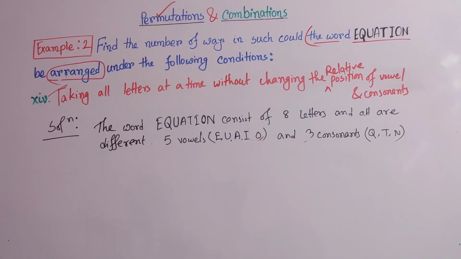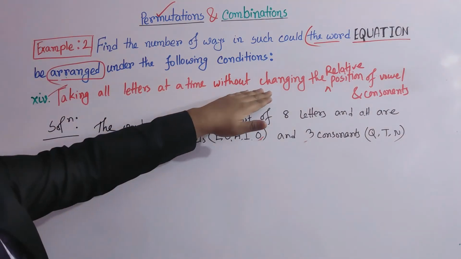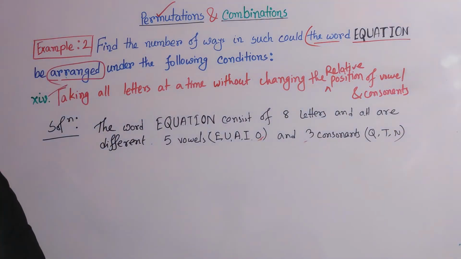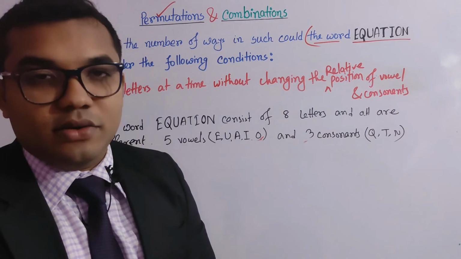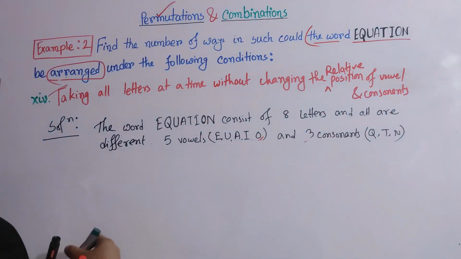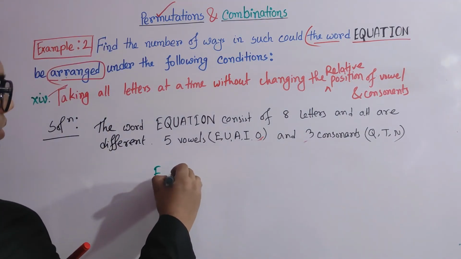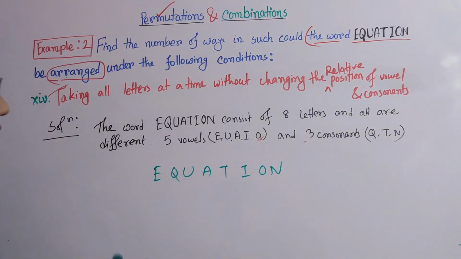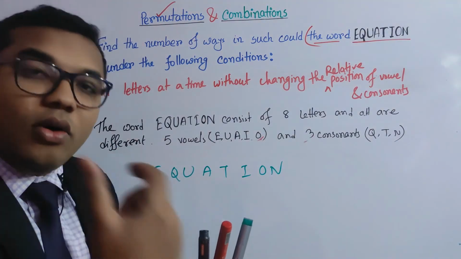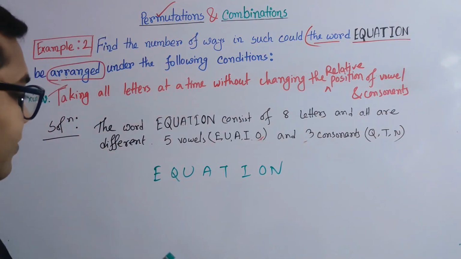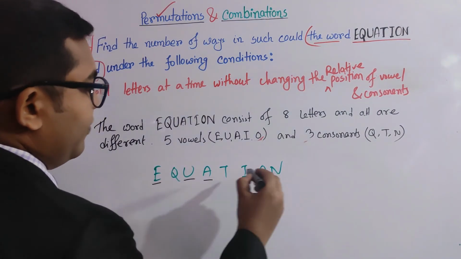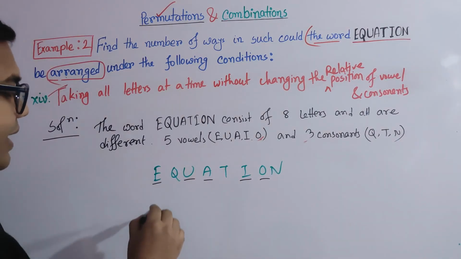Question number 14 says taking all the letters at a time without changing the relative position of vowels and consonants. It's a very interesting thing. Relative position of vowels and consonants means only the positions of the vowels can be changed among themselves. For example, E, U, A, I, O can change positions.